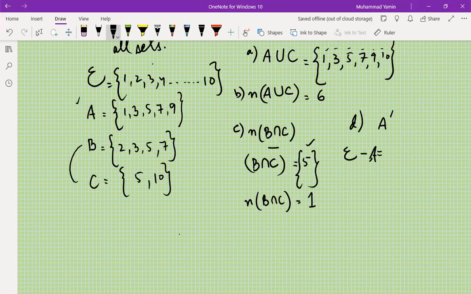So we'll take out from the universal what is left. So it will be 2, 4, 6, 8, and 10.